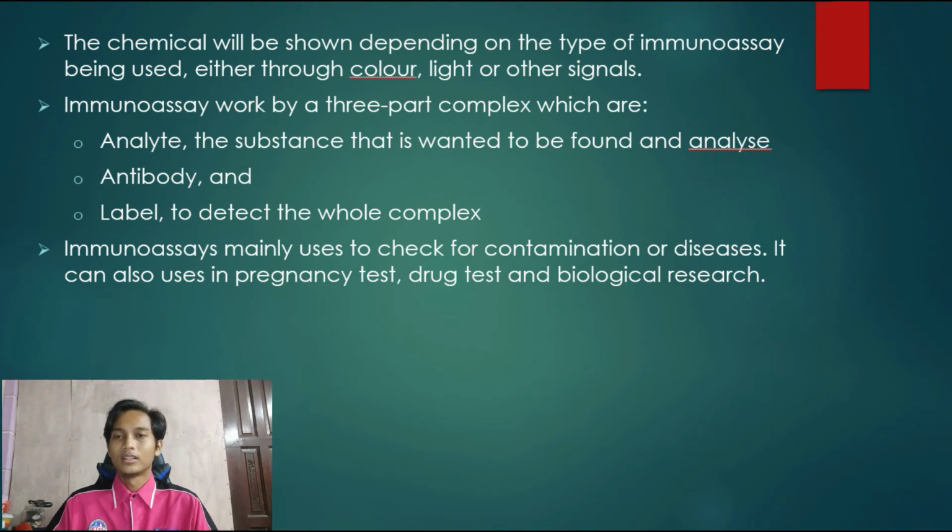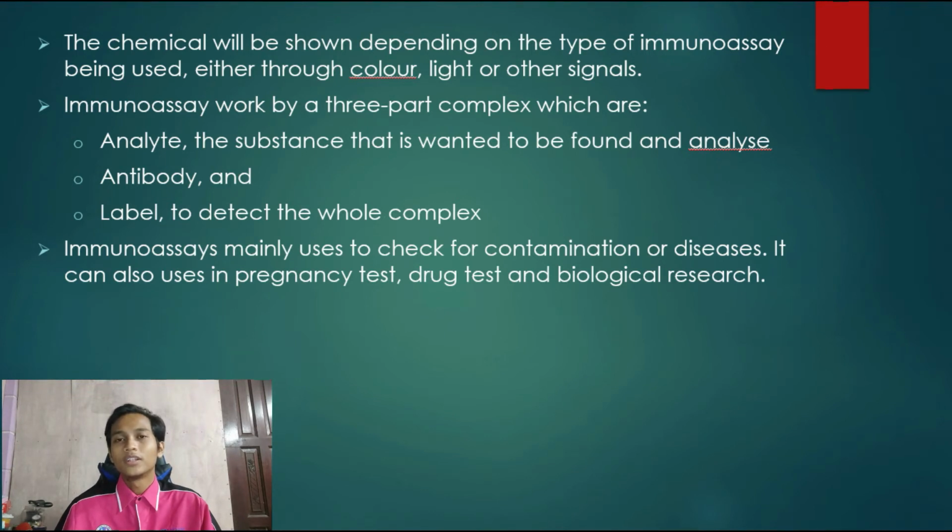So immunoassay works by three components: the first one is the antibody itself, the second one is the analyte, which is the substance that we are going to analyze, and the third one is the label, which is to detect the whole complex.